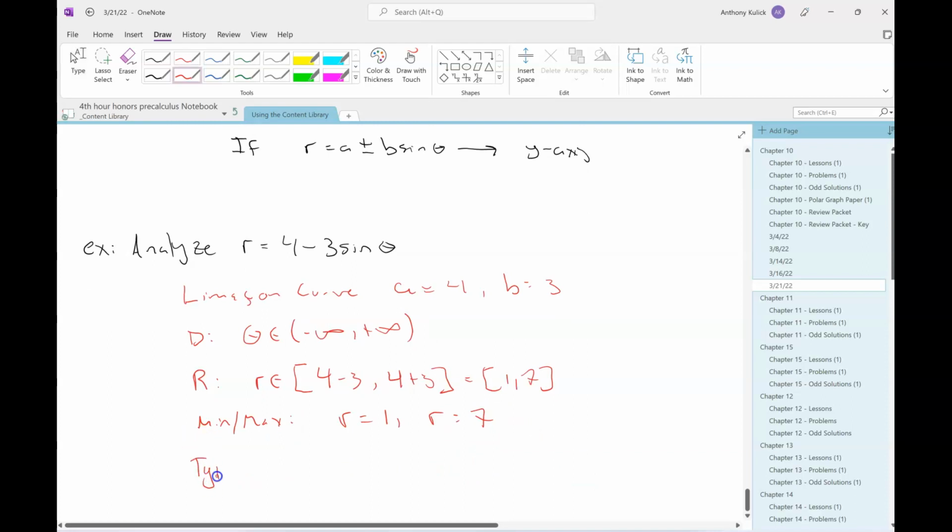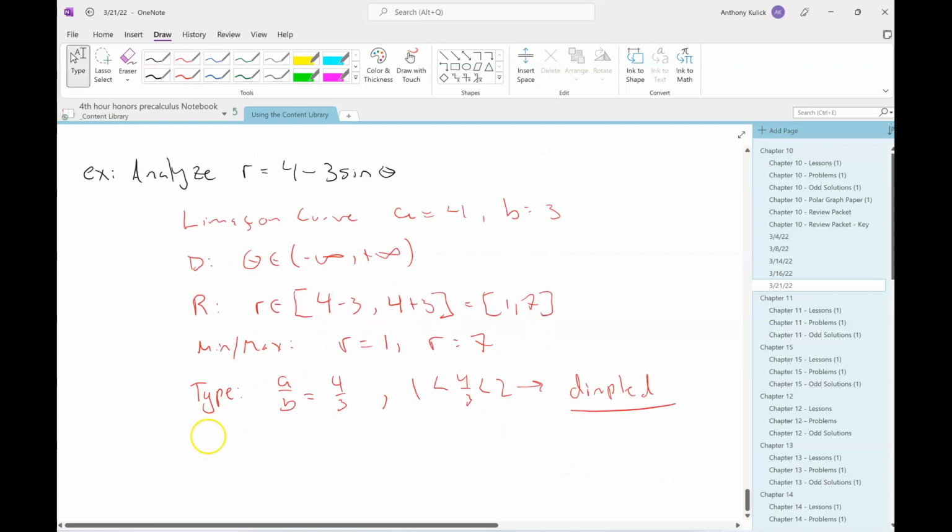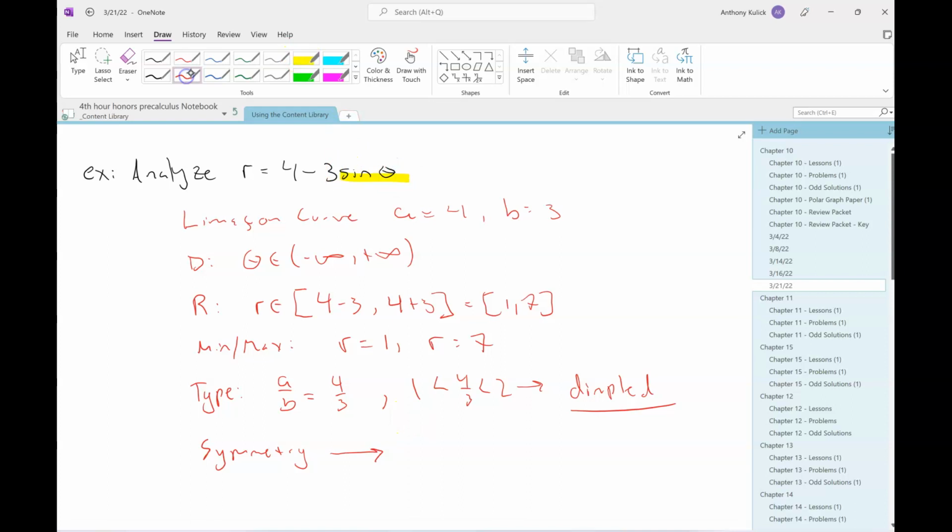The type here: my a over b is equal to 4 over 3, and since that is between 1 and 2, that should be the dimpled. And then the symmetry, since it's the sine one, should be y-axis symmetry.